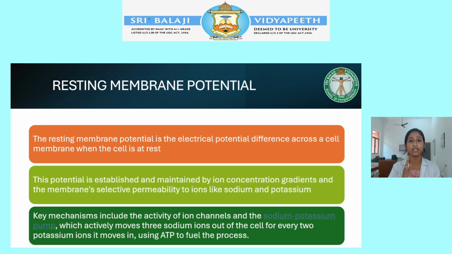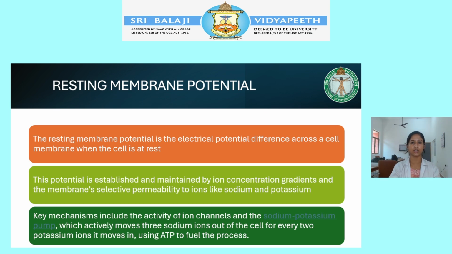When the cell is at rest, there is a potential difference across the cell membrane. In this resting membrane potential, there is activity of ions, that is sodium and potassium ions, and voltage-gated channels. What happens in this activity? As I already discussed in the action potential, the sodium channel opens and sodium rushes in, and then the potassium is going to pull out the sodium.